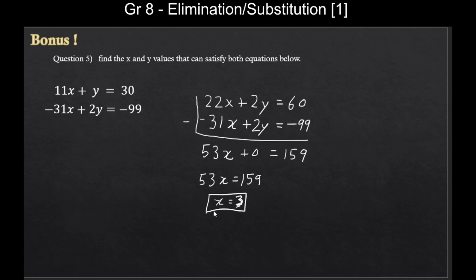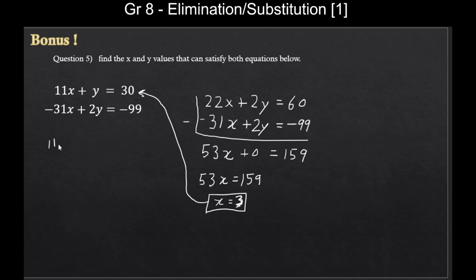So, our value for x is 3. We found the value for x instead of y this time. And now we're gonna do the same thing. Just substitute this value into one of the equations. I'll go to this one.